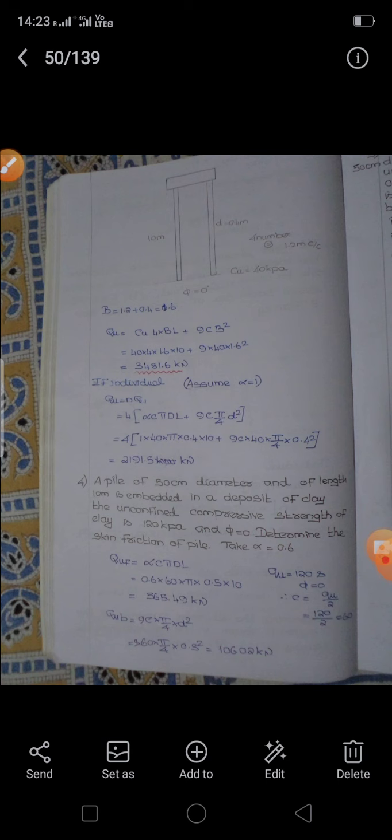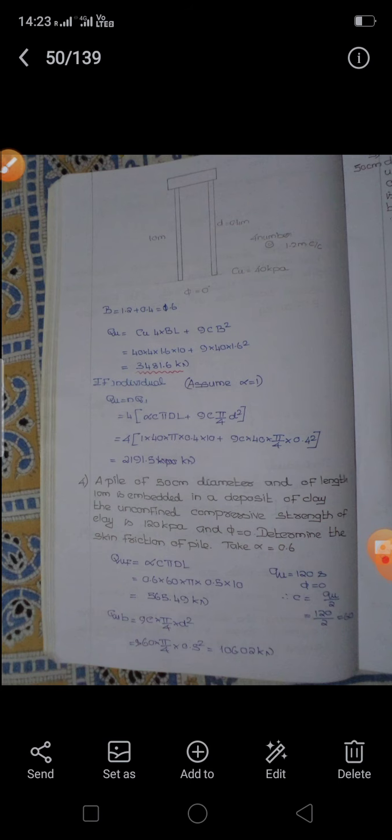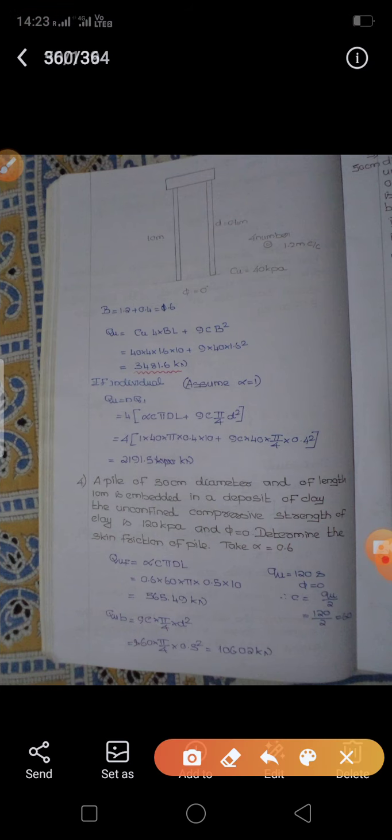The value of Cu is 40 and length is 10 meter. Through this formula you can easily find out the value of Qu.